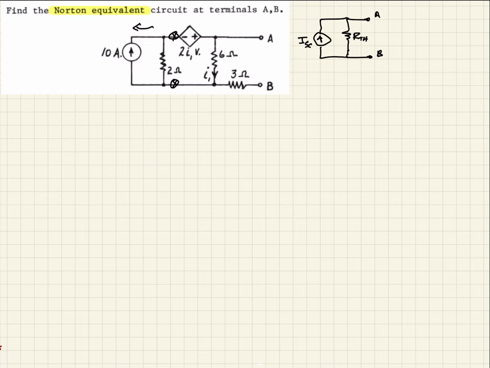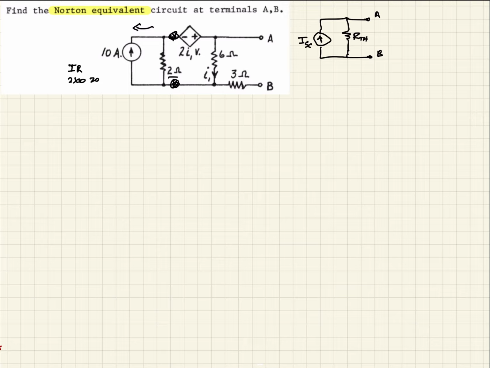And when we do that, the resistor stays the same, and the voltage source is just the current times the resistance. So in this case, it would be 2 times 10, which would be 20 volts. So we can replace everything to the left of these 2 points with that.